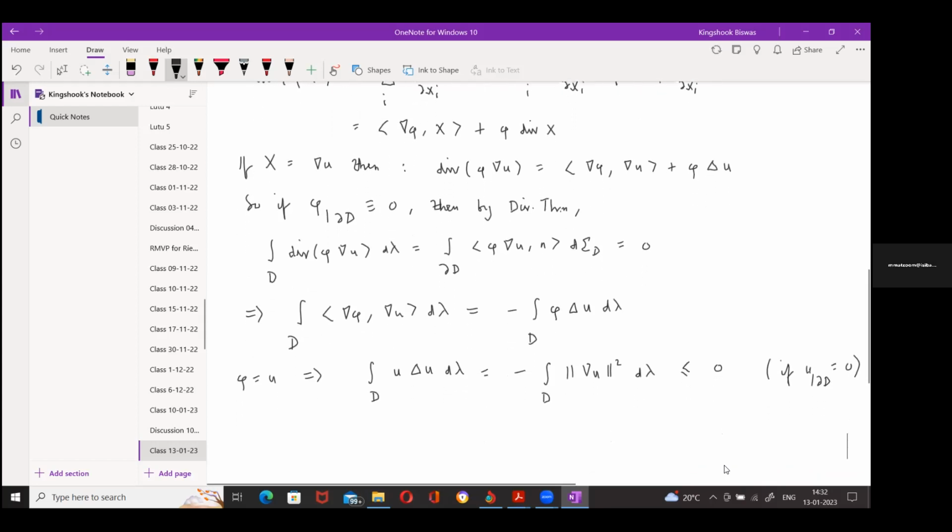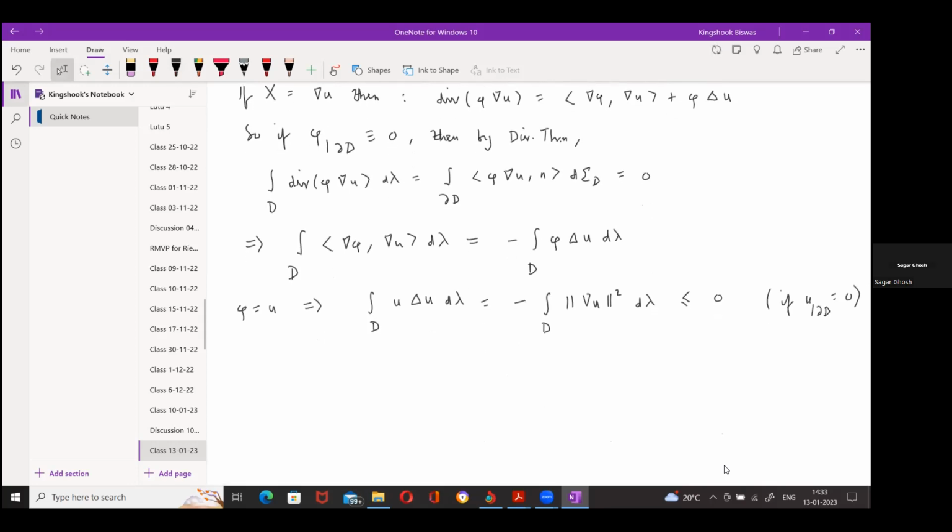Is this okay? Yeah. So the last expression you can also obtain as the divergence of u times grad u, right? I don't understand. What are you saying? Sorry. The last expression that we have written, the integral of u Laplacian u d lambda equals the negative of that. So if you bring everything to one side, then this is just the divergence of u times grad u, right? Yeah, that's what I used to derive this, exactly.